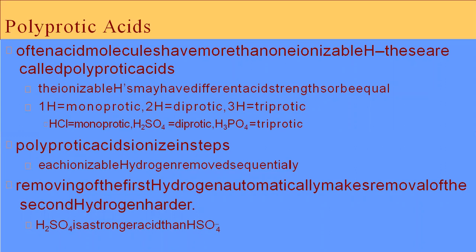For example, H2SO4 is a stronger acid than HSO4 negative. Why? Because H2SO4 has two hydrogens and is diprotonic, and HSO4 negative is monoprotonic. Okay, so the strength depends on the protons.